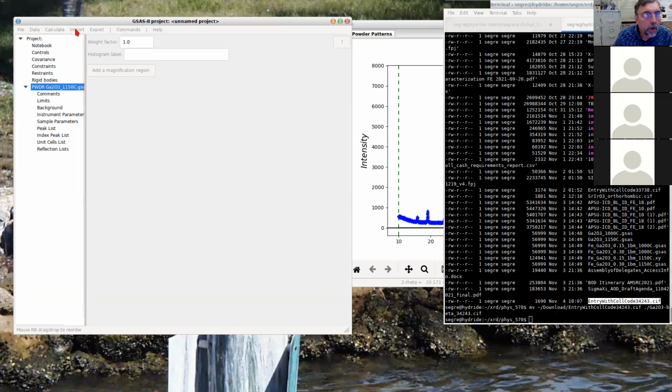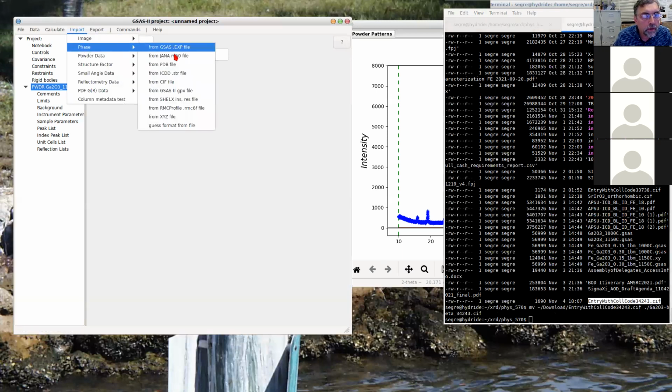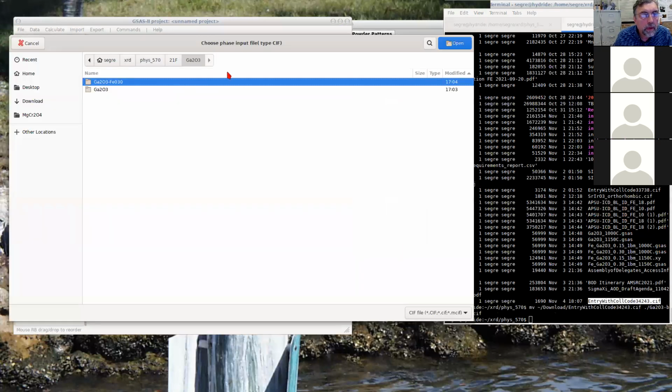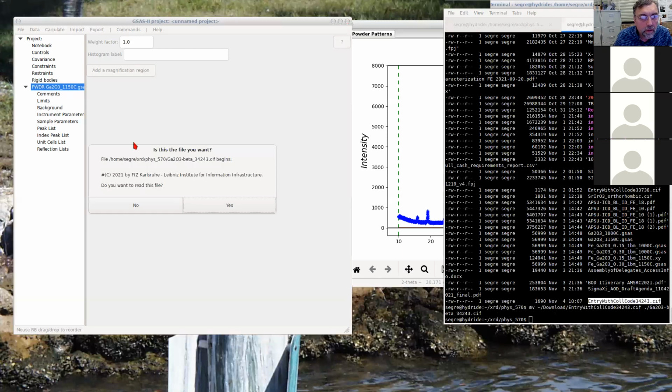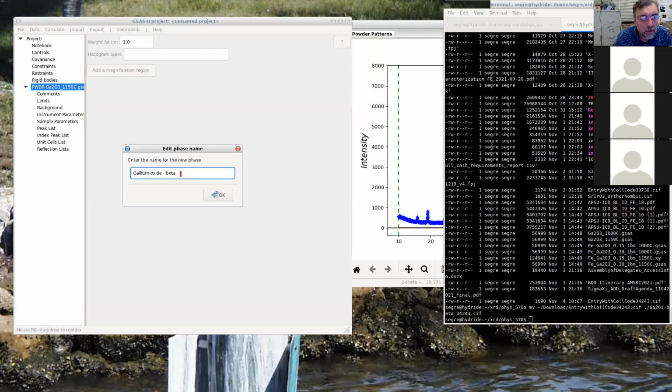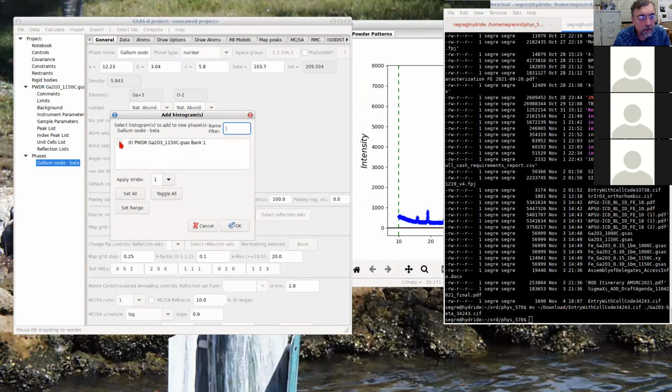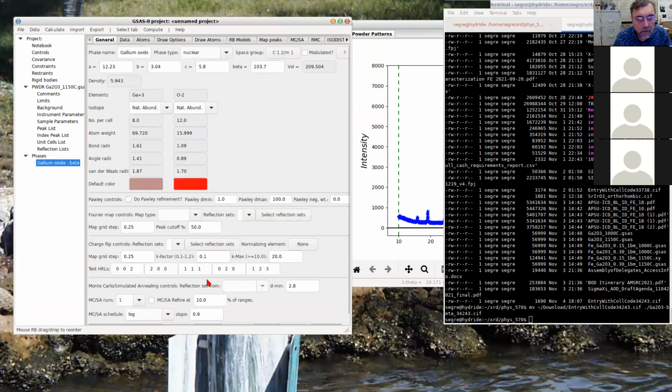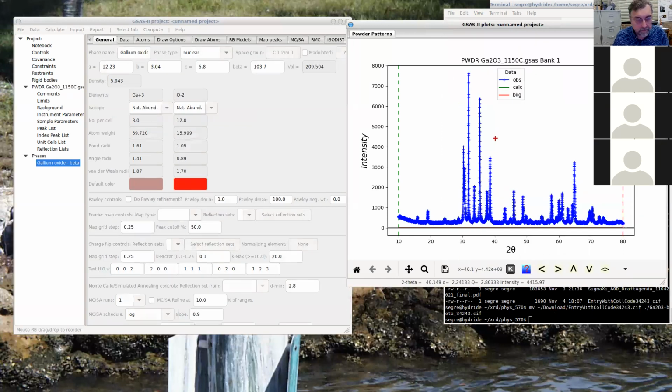I'm now going to import the phase. And if I go up to here, there's my beta phase. And this is it. I'm just going to call it that. I'm going to associate it with this powder. And there we go. All right.